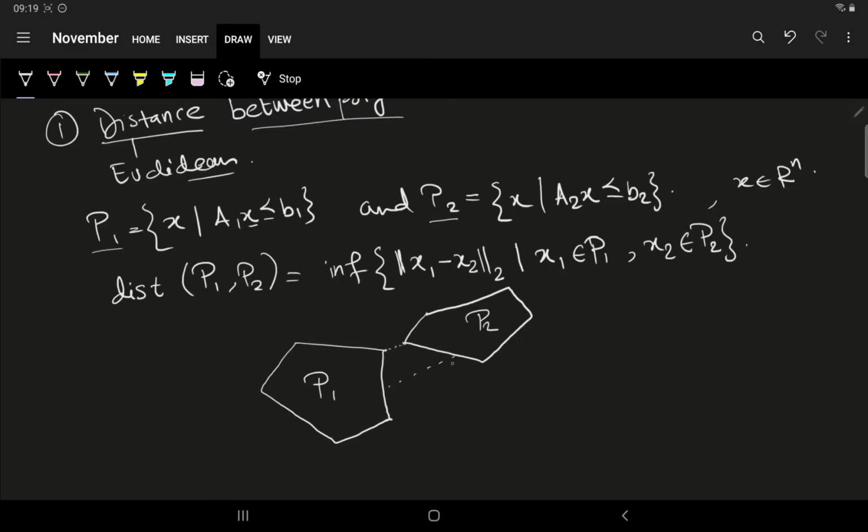There can be these points also, that is closures. I just drew it like this.